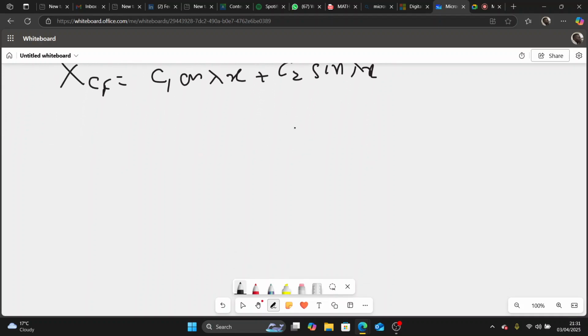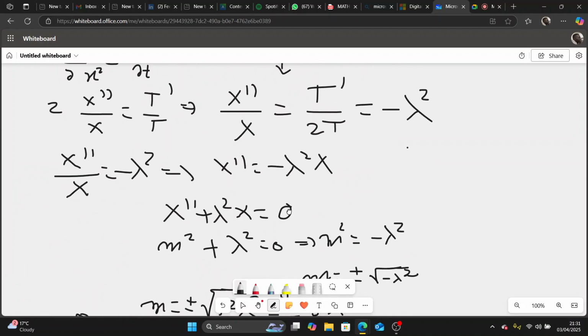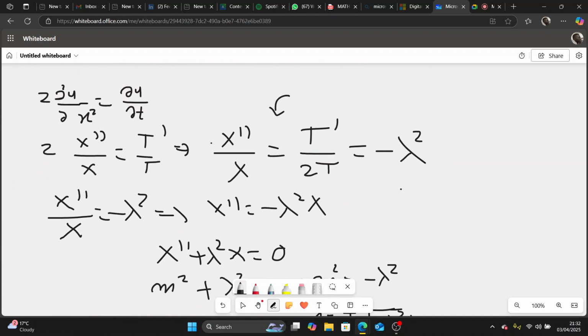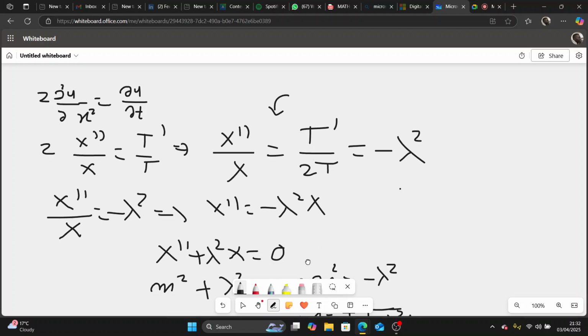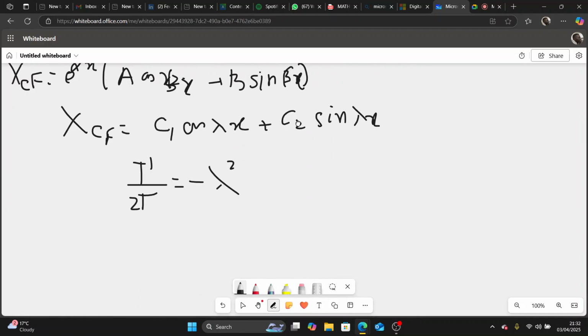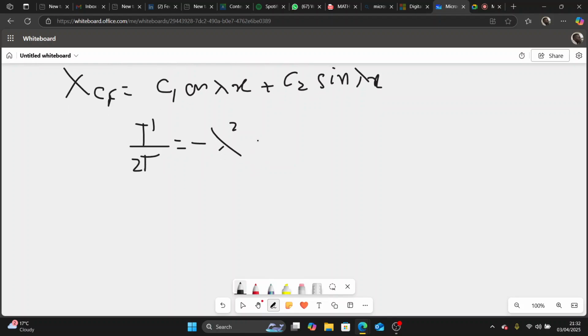Yeah, I'm following. So now we come to the second one. We've got chi prime over chi to be equal to minus lambda square. I think there's a 2 here, that 2 that we brought here. When you solve the equation, make sure x is alone; it makes the equation easier. And bring the constant where there is the temperature. Now, what do we do if we have to solve this quickly?